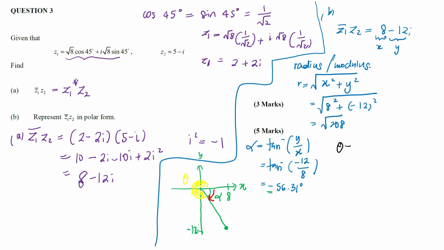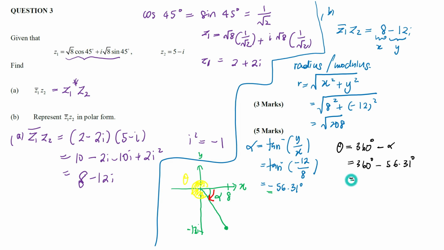So theta will be equal to 360, the whole full degree, 360 minus alpha, equal to 360 minus 56.31. Not minus 56. This one only shows the direction of the angle measurement. But the value of the angle is 56.31. So we are subtracting this value.